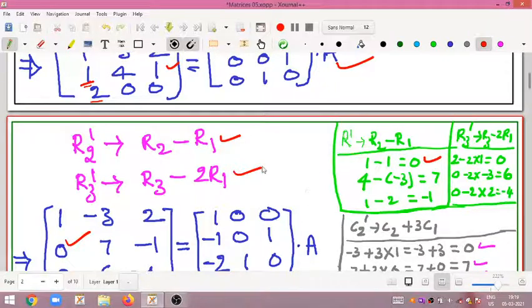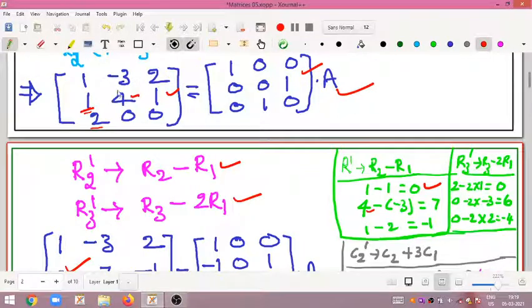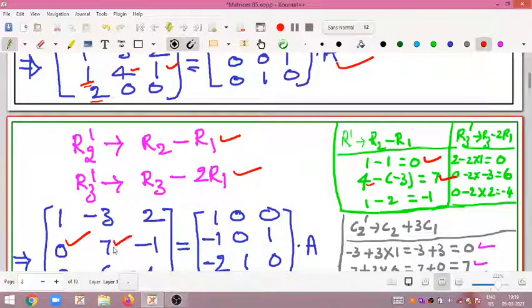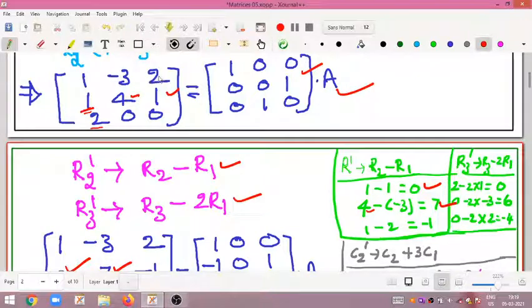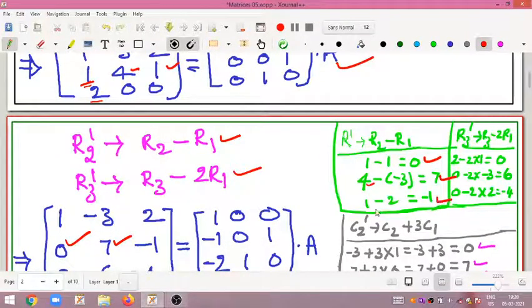Again the R2 element is 4, minus the R1 element -3 becomes plus 3, so 4 + 3 becomes 7. That 7 we write here. Again the R2 element is 1 and the R1 element is 2, so 1 - 2 becomes -1. That -1 I kept here.